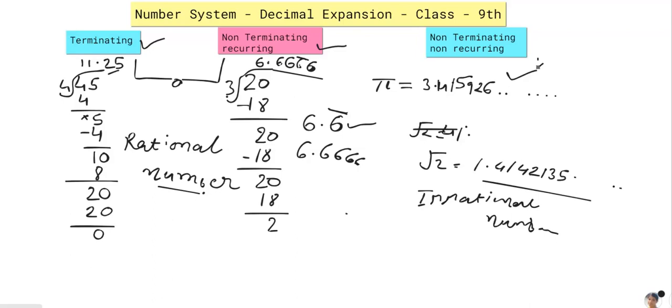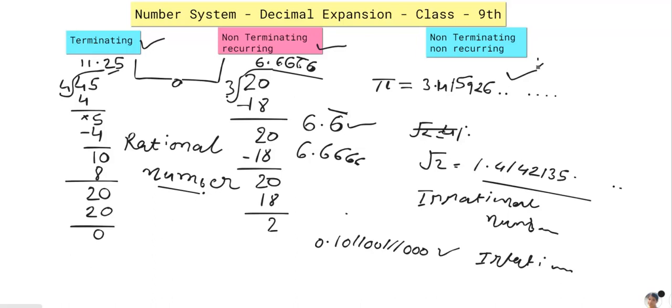And sometimes you get a series like 0.101100111100. This type of series is also an irrational number, a non-terminating, non-recurring number.